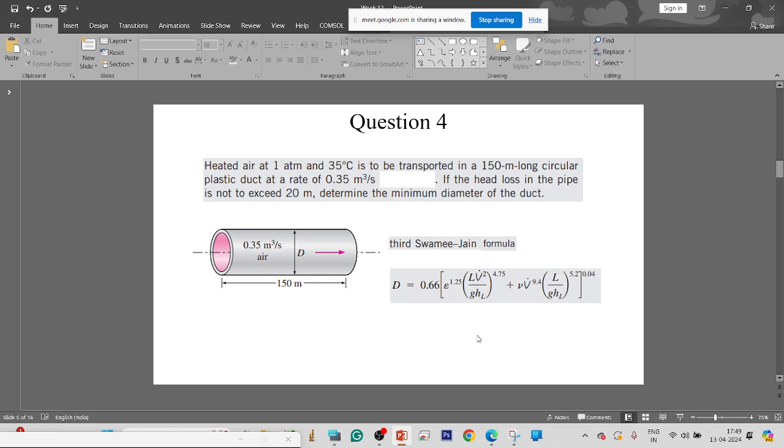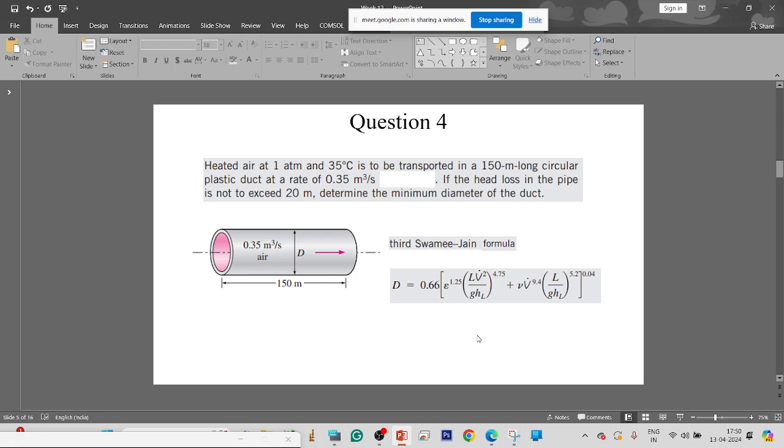So let's proceed with this question number 4. Average velocity we'll find out: this is 0.35, the volumetric flow rate in meter cube per second, upon pi d square by 4. This is equation 1. Reynolds number is V bar d by nu, where nu is 1.655 into 10 to the power minus 5 meter square per second. This is equation 2.